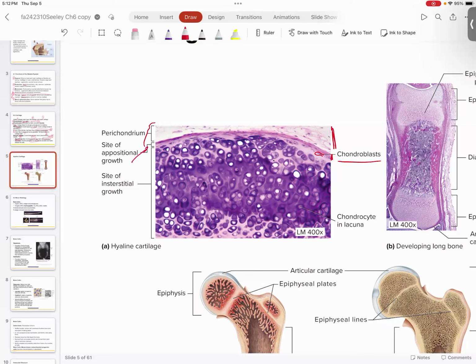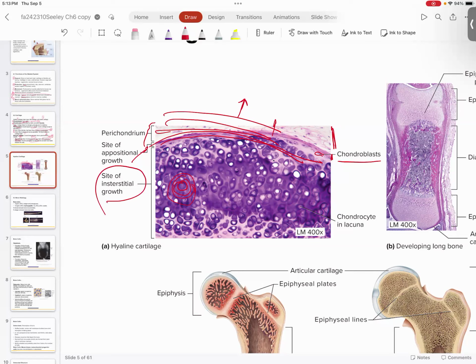As they lay down new matrix, the cartilage is going to start to grow outward. You're going to lay one layer on top of it, another layer, and another layer, and basically you continue to grow layer by layer in an outward fashion. And so that's the appositional growth. However, if a cartilage cell is starting to lay down cartilaginous matrix within the tissue, that's interstitial growth.